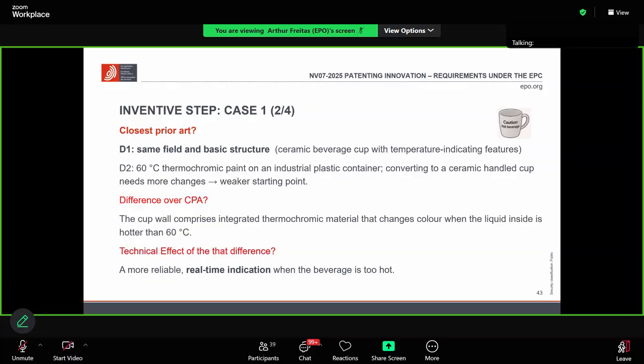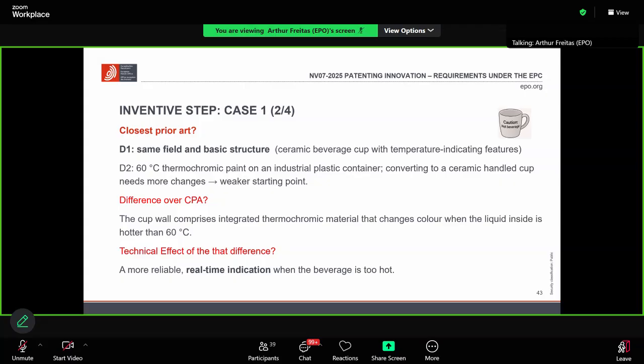I would call D1 the best springboard to the invention, because D2, yes, it's very relevant. It has that thermochromic thing, it's great, but how would you go about changing that into a cup? In the end we need to arrive at the claimed invention. So arguably D1 is the closest prior art. Okay, so we decide on the closest prior art being D1.